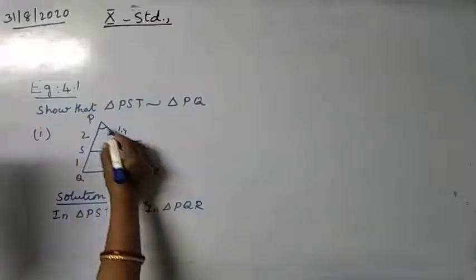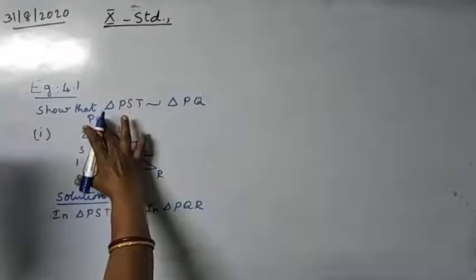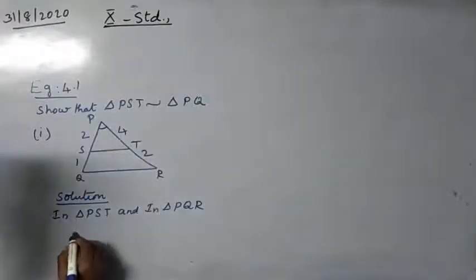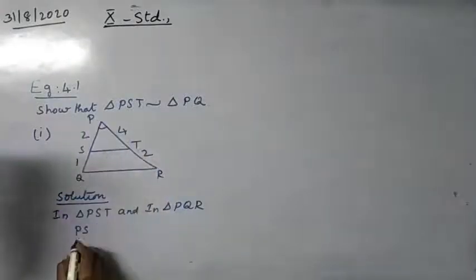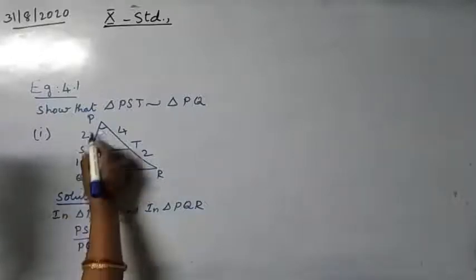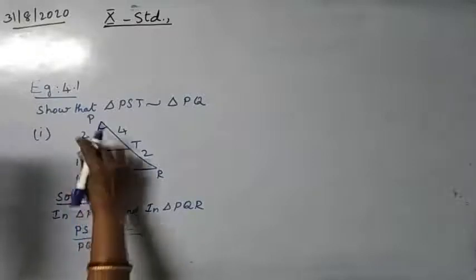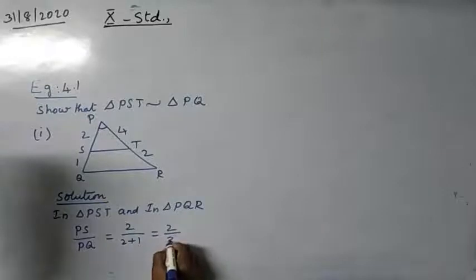See, in triangle PST, take side PS. Take the same side in triangle PQR, that is length PQ. So it is PS in PST, and PQ in PQR. PS is 2. PQ is 2 plus 1. Add these two and write it for PQ. So 2 plus 1 is 3, giving 2/3.